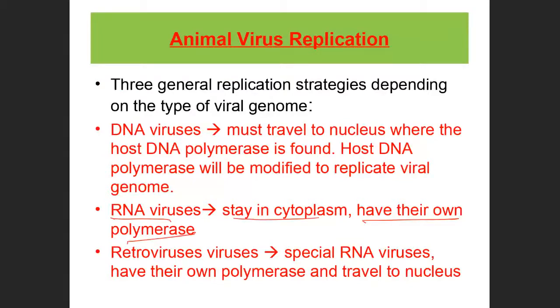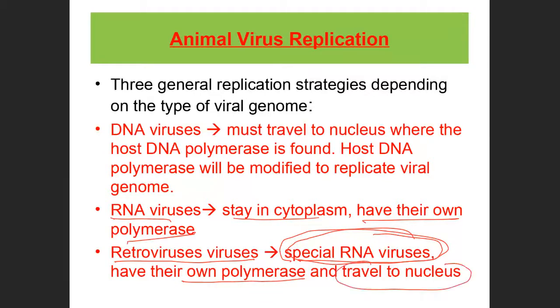Now, the third type of virus that we need to talk about is a special type of RNA virus. This is a virus called a retrovirus. They also have their own polymerase, and these retroviruses, which are RNA viruses, but they are special RNA viruses, do travel to the nucleus. Okay, so let's talk about how retroviruses do.